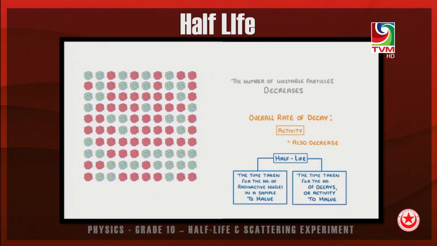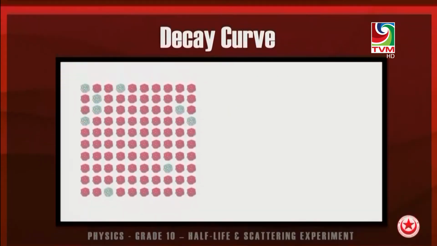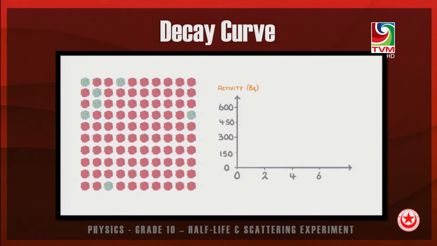So as we have described earlier, the half-life in terms of the radioactive nuclei and the half-life in terms of the activity can be completely correlated. Now, this radioactive process can be presented in a decay curve.